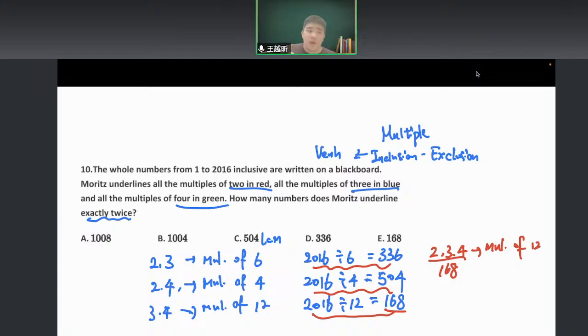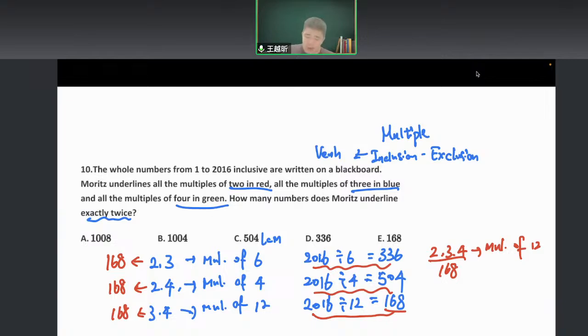So we actually have counted these 168 numbers in this category, and we also count these 168 numbers in this category, and also in this category.